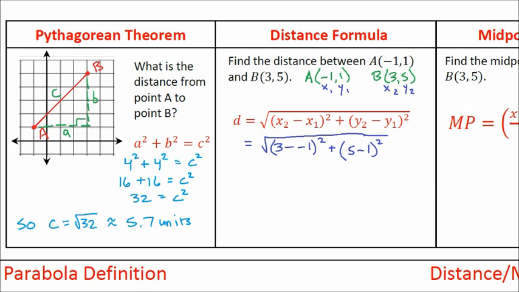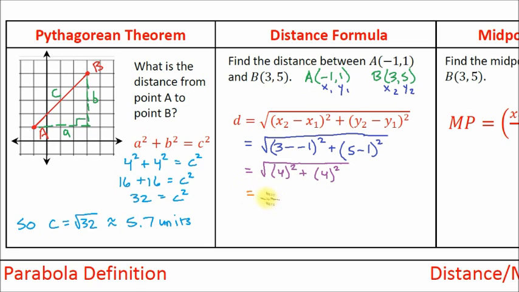So there is our equation. Now you can see, class, that we're actually going to be subtracting a negative. That means we are adding 1. So the next step is to begin to simplify this. 3 plus 1 is 4 squared. And 5 minus 1 is also 4 squared.